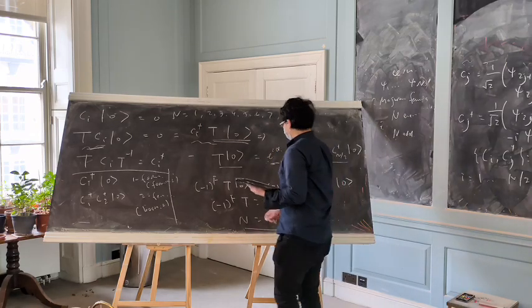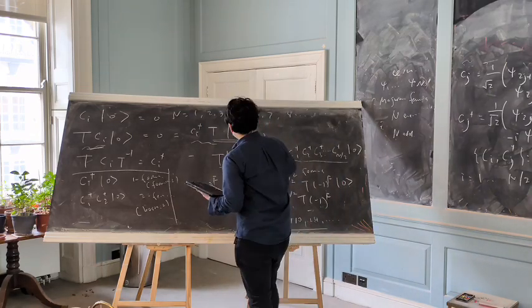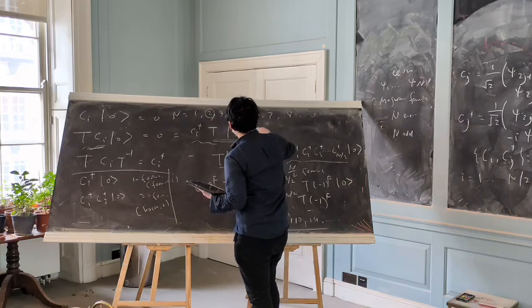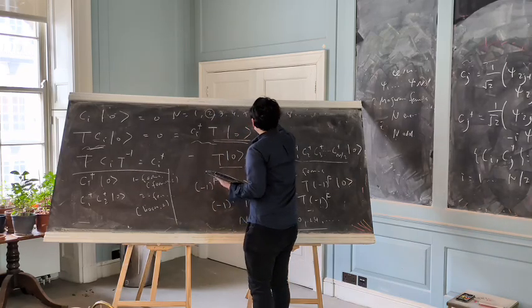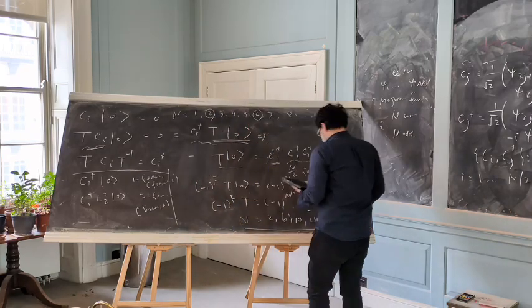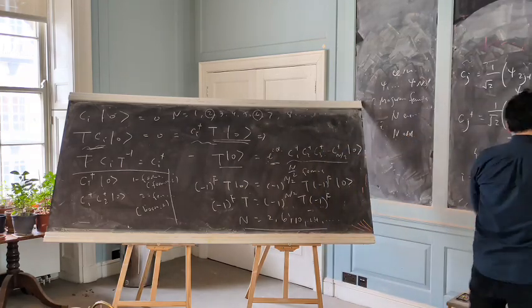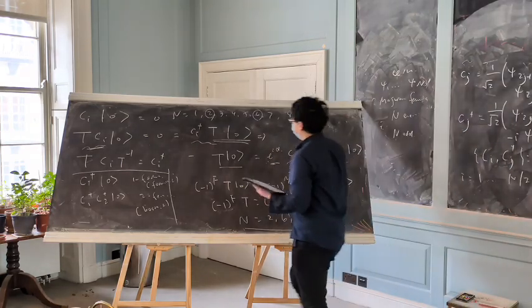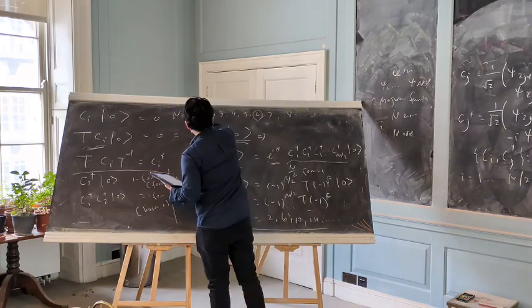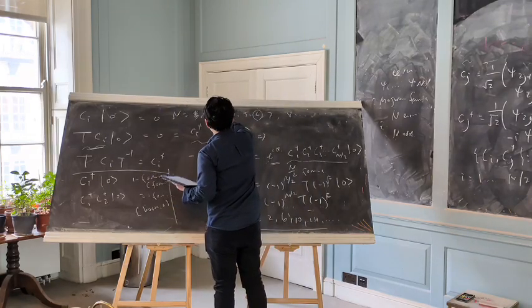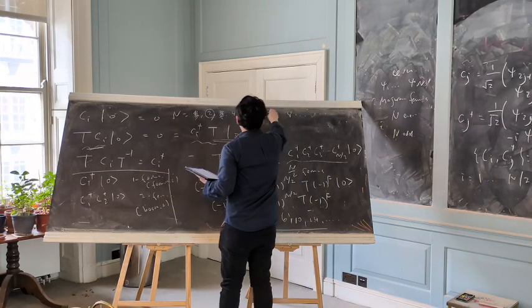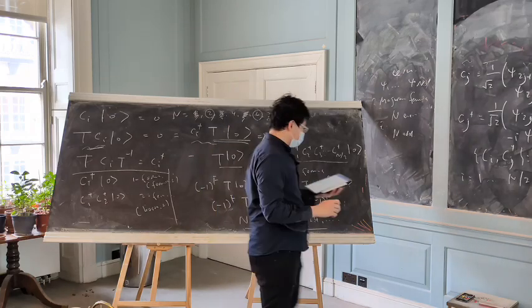I'm going to circle the cases with anomaly. So we see that when n is 2 mod 4, 2, 6, etc., it has an anomaly. Okay. So how about all the values of n? Here I'm going to focus on n even. So I'm going to forget about the Rn for a moment.